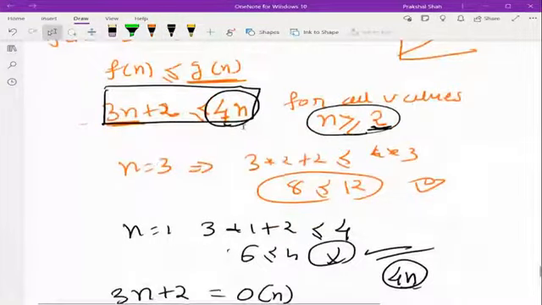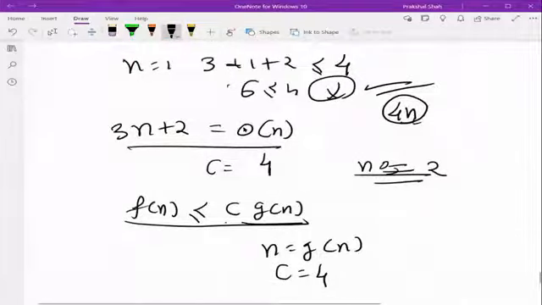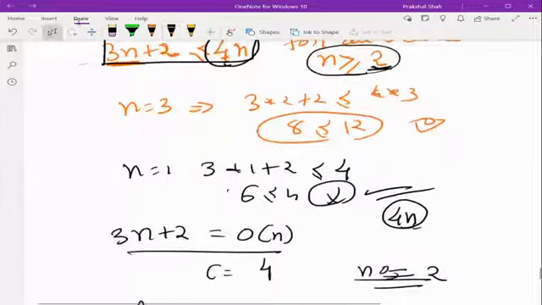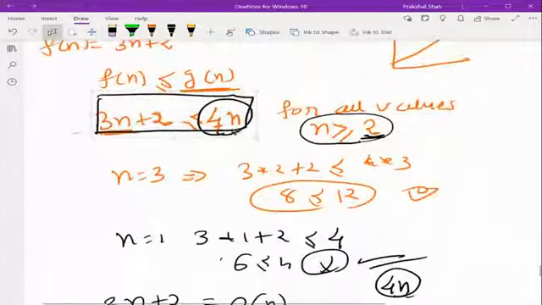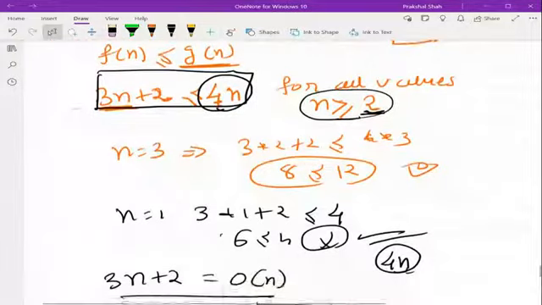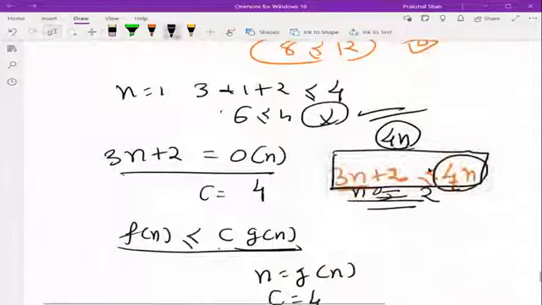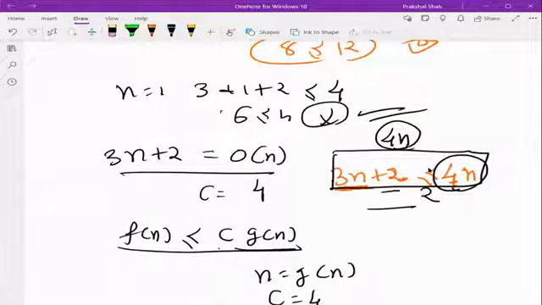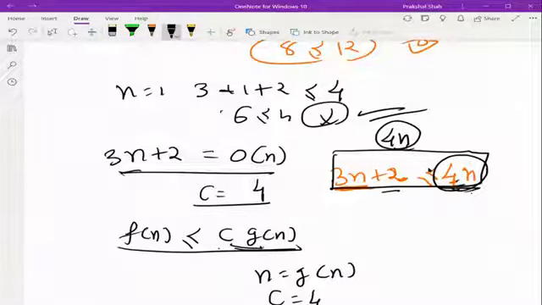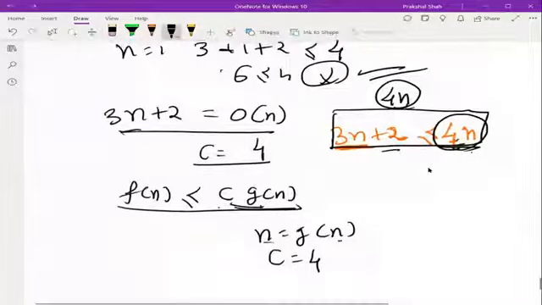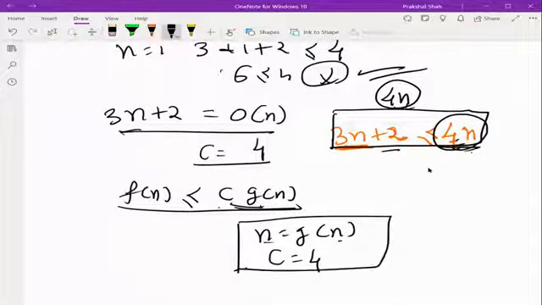So we need to compare this 4 into n with c into g of n. I'll copy this here so you can see. What will be my c here? c will be 4, and g of n will be n.